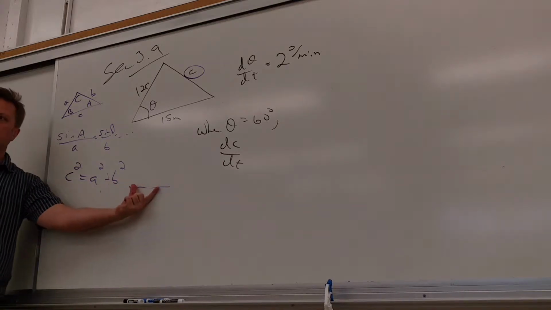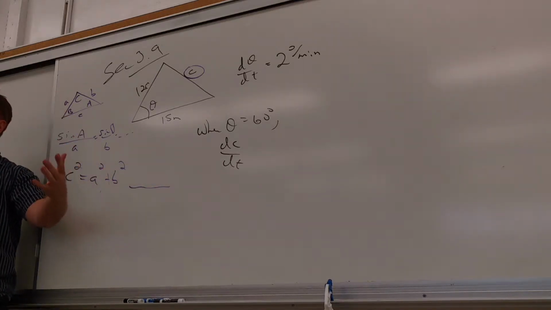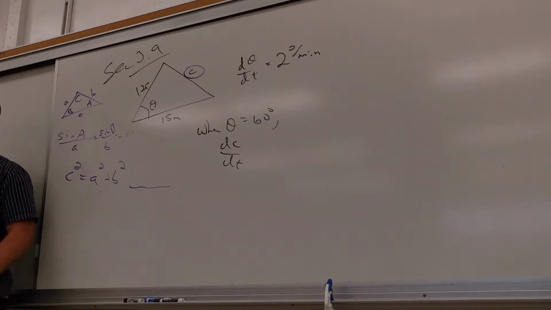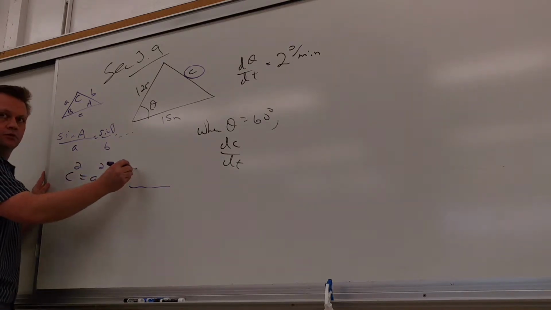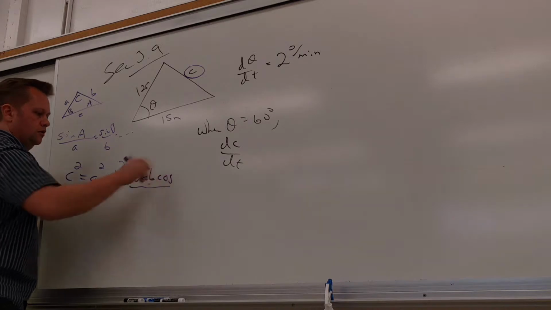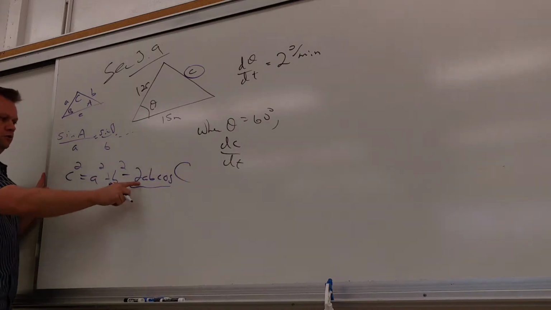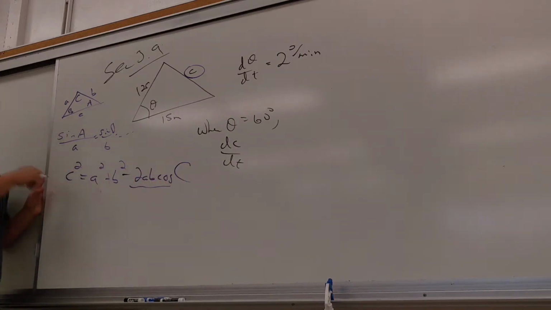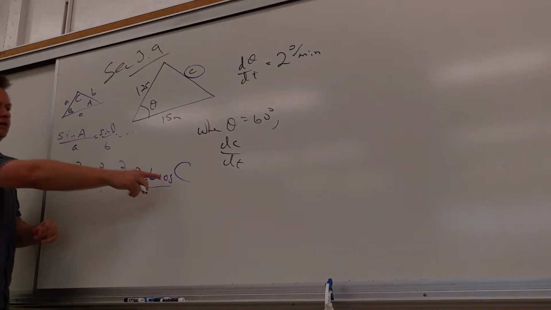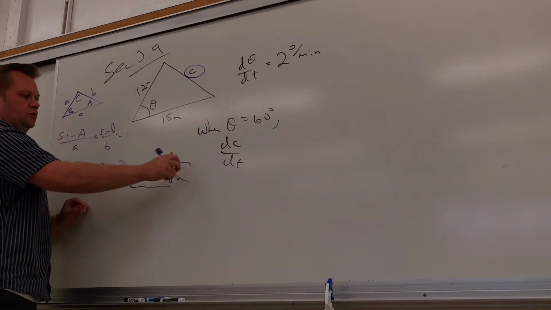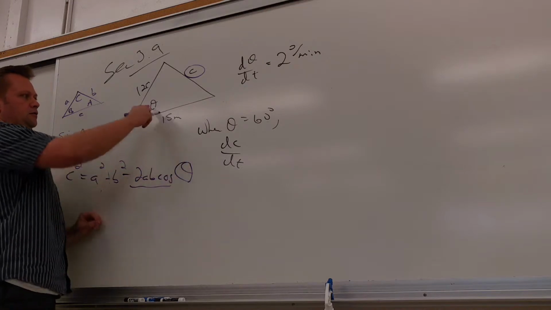So it has a little adjustment for non-right triangles: minus 2ab cosine C. In this case, angle C is actually angle theta. That's what I called it, right?